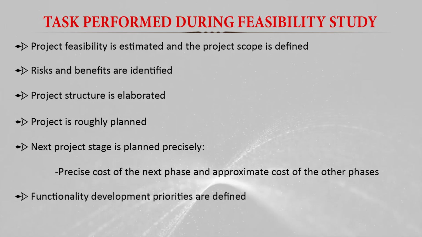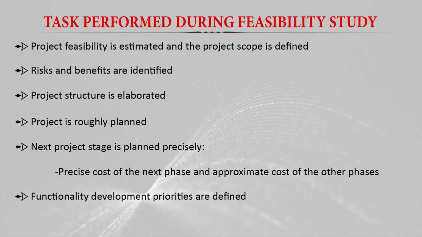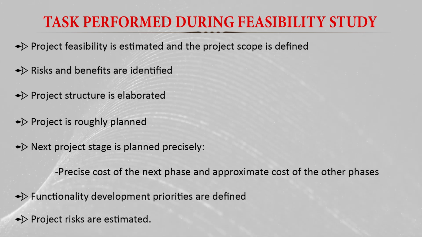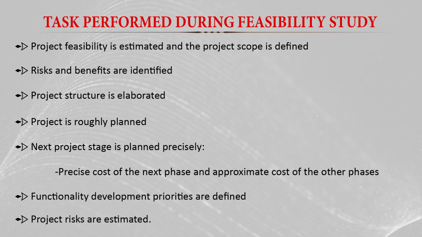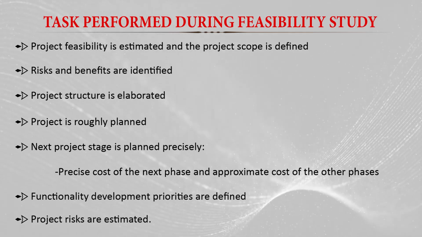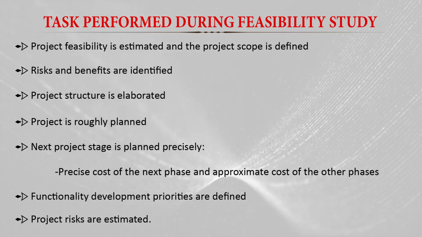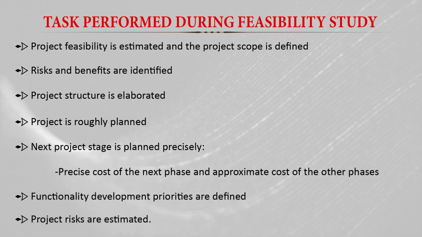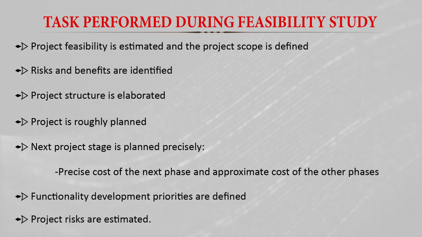And functional development priority also we define here. And then we also estimate the project risk, like the probable variation in the production, how much the probable variation in the price of the output. So we also estimate such type of information in the project feasibility study.